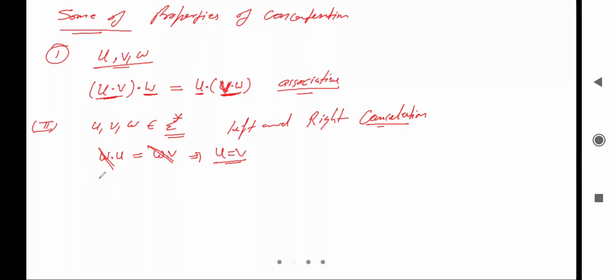Next thing, if U concatenation W is equal to V concatenation W, then we can do right cancellation also. So we can do right cancellation, then also it is U equal to V. Okay, so is it clear?